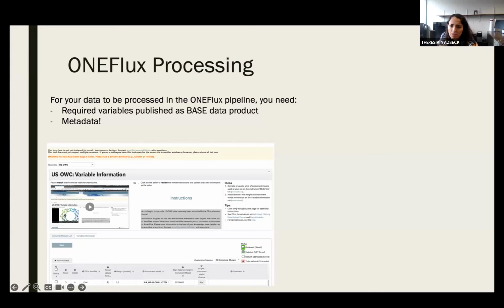Is it possible to submit flux data for a gas species not found in AmeriFlux variable list? And there's the list in the chat. I mean, it links you to the variables. So I believe so. I think there are ways to submit, if you have different variables that aren't included in the variable list, you can still submit things.